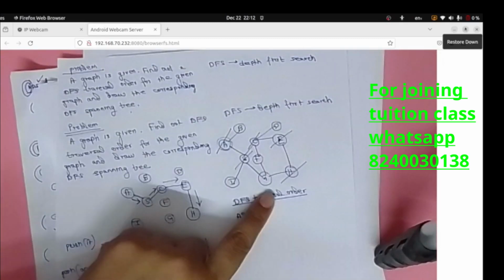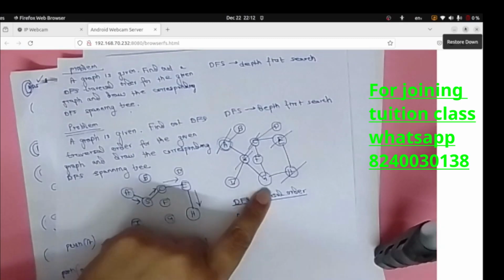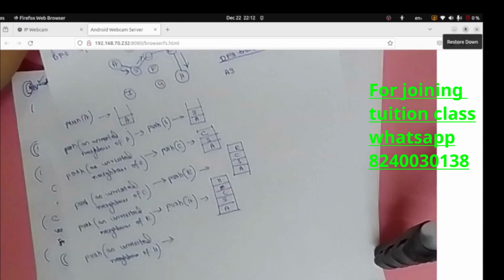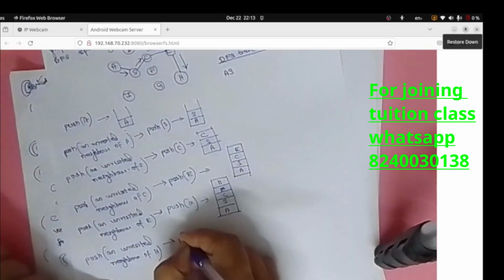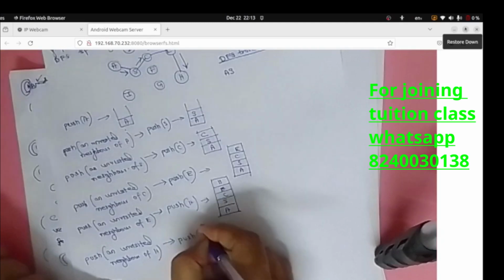There is only one unvisited neighbor of H, that is G. So G will be pushed into the stack and it will be the current topmost element of the stack. So the operation, push an unvisited neighbor of H, means push G.